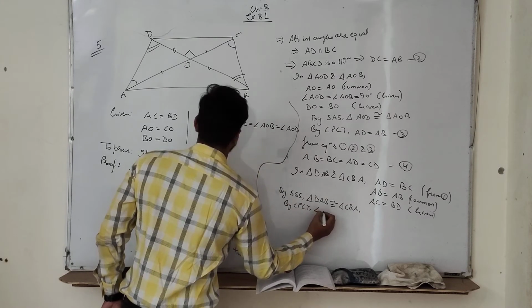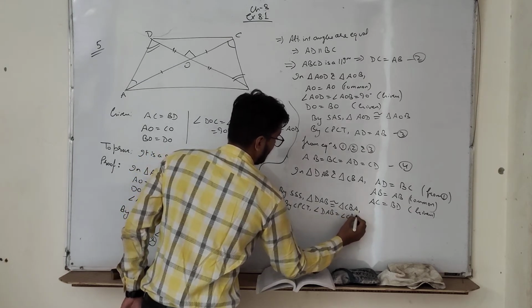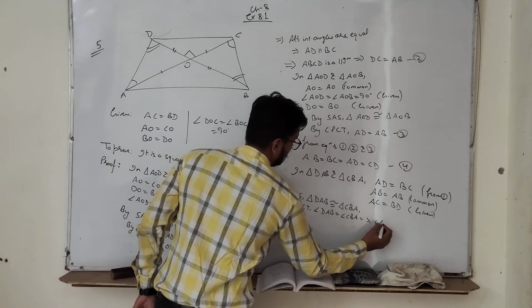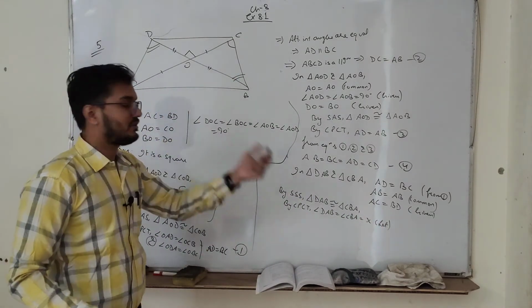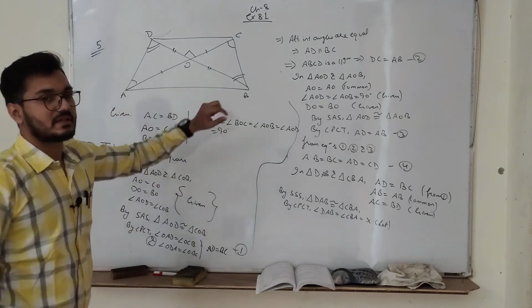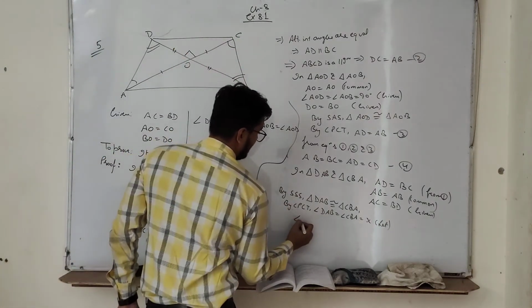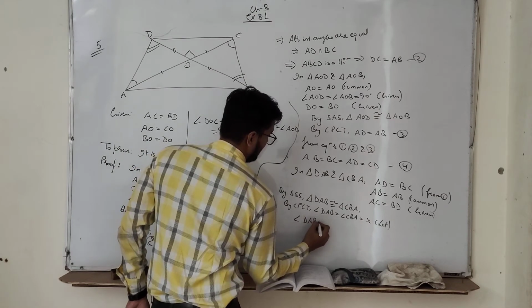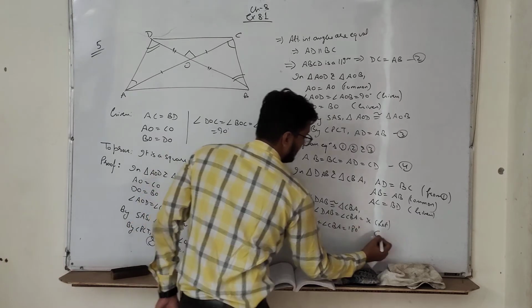angle DAB is equal to angle CBA, and let it be X. We proved it by CPCT. Now we know that this is a parallelogram, right? So angle DAB plus angle CBA is equal to 180 degree. Reason?